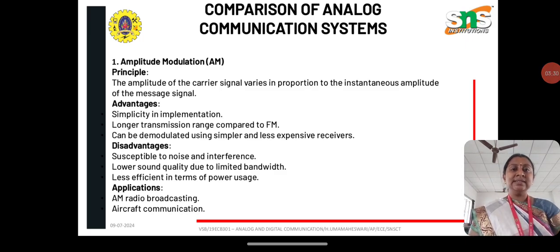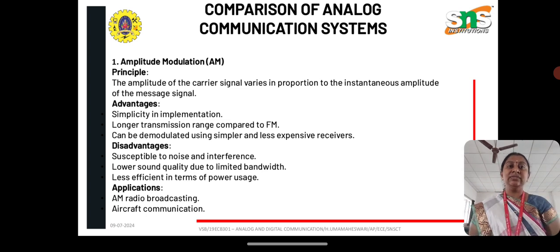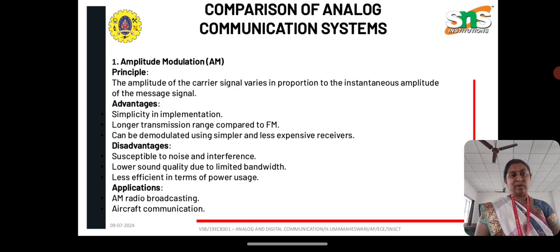Then the comparison of various analog communication systems. The first one is amplitude modulation. The main principle of amplitude modulation is that the amplitude of the carrier signal varies in accordance with the instantaneous amplitude of the message signal. The main advantage here is that it is simple in implementation, has a longer transmission range when compared to FM, and can be demodulated using simpler and less expensive receivers.